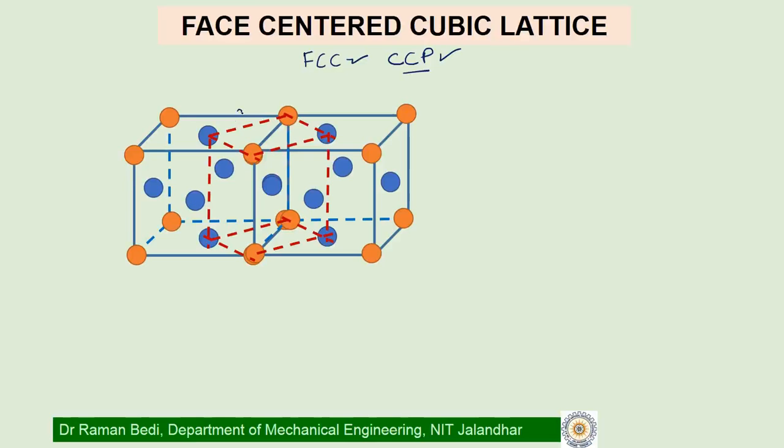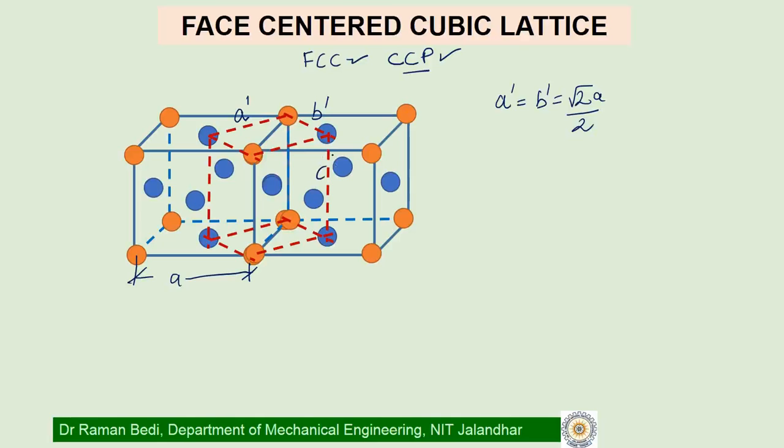Now we find that this length is, let us say, A dash, and this length is B dash. It is clear that A dash is equal to B dash is equal to root 2 A by 2, where A is your lattice constant.